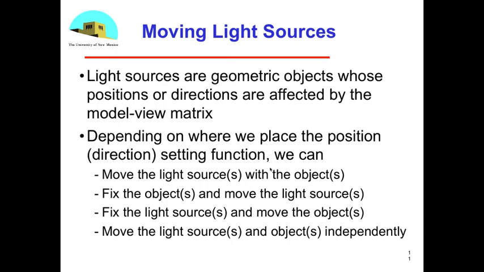Now, it should also be affected by the model view matrix. But whether it is or not is going to depend on where you place that light direction in your code. So you can have all kinds of combinations depending on where you specify it relative to where you specify the model view matrix.